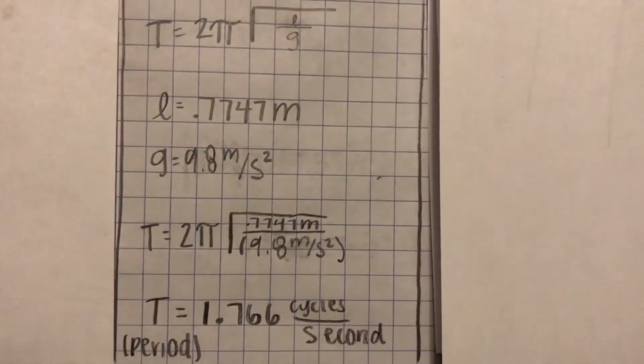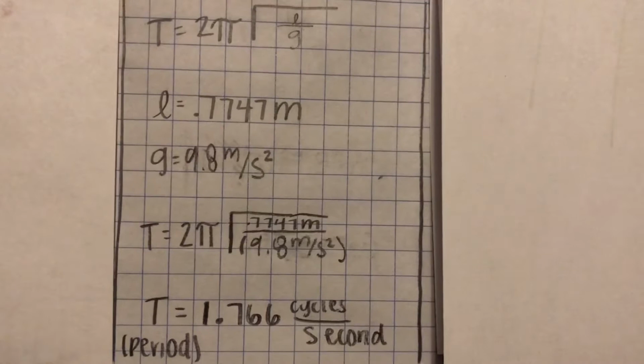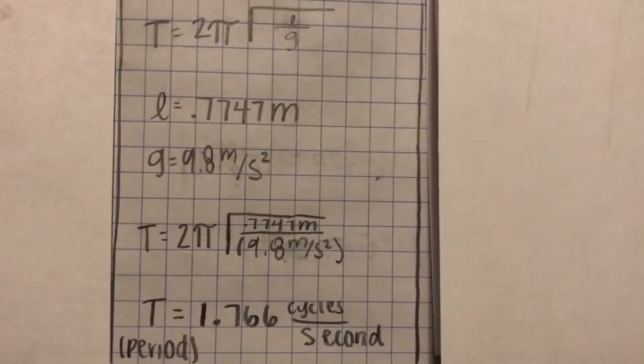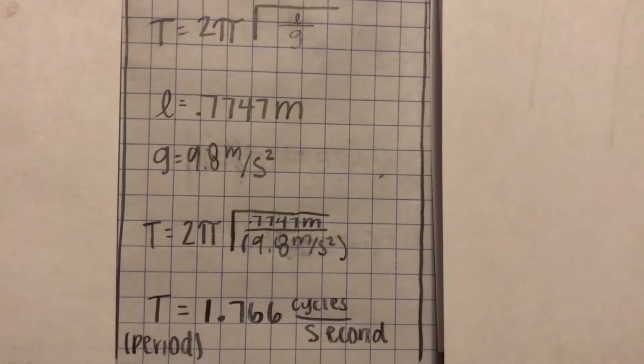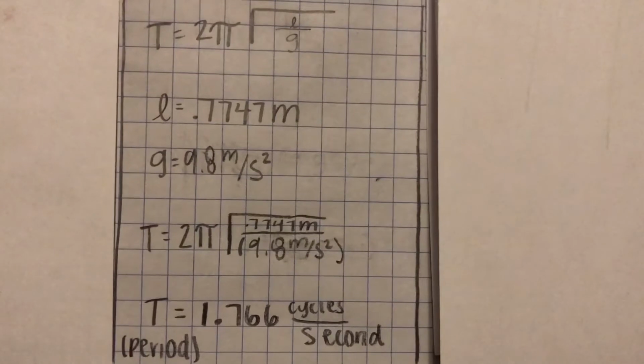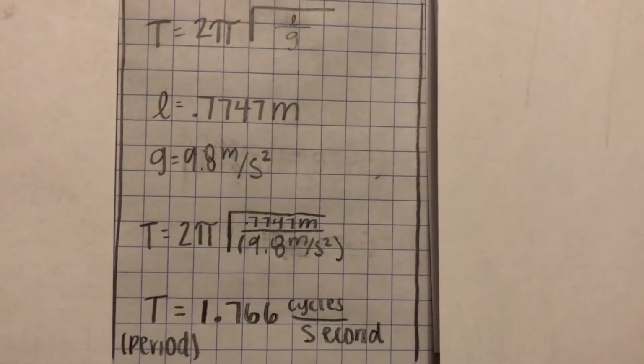So I ended up getting my period being about 1.766 cycles per second, which, if you look at the video, is pretty good. Here, I'll show you. Just a heads up, I slowed the video down, so 1 second in real time is about 8 seconds in my video.